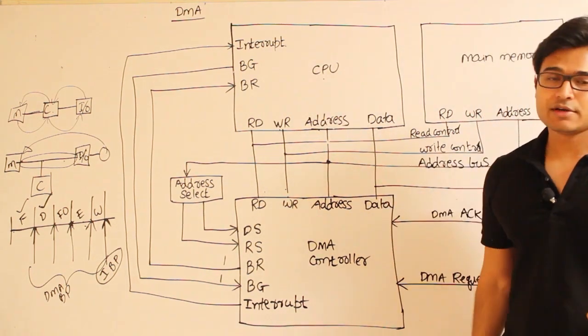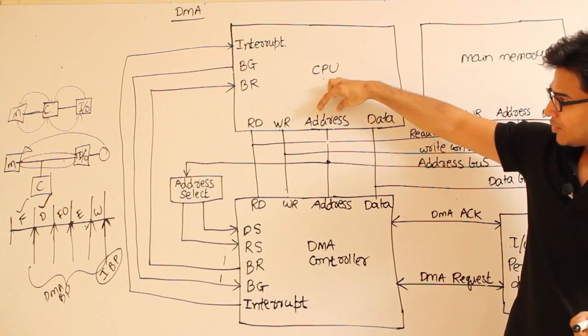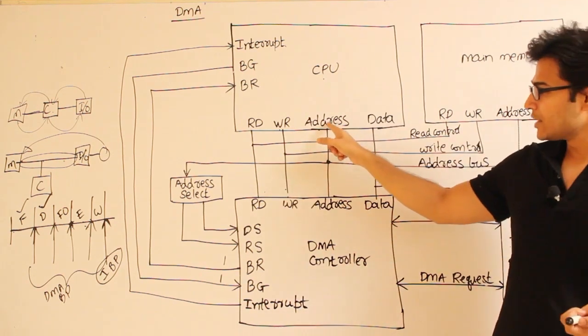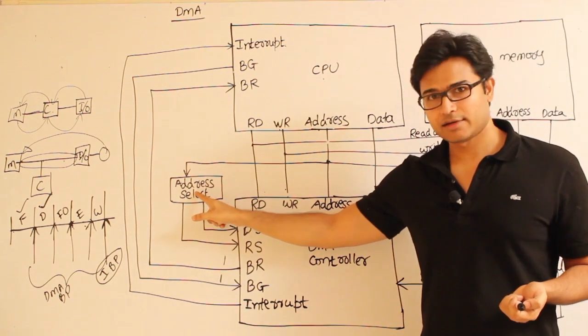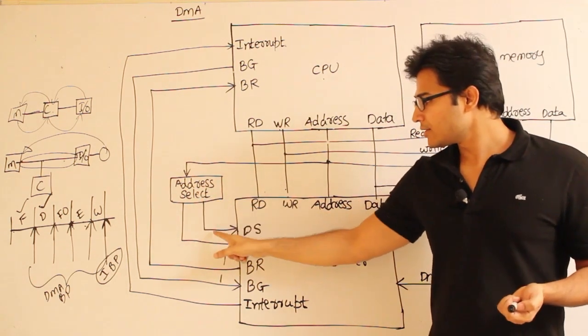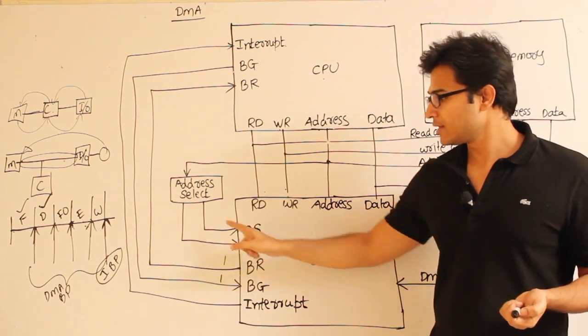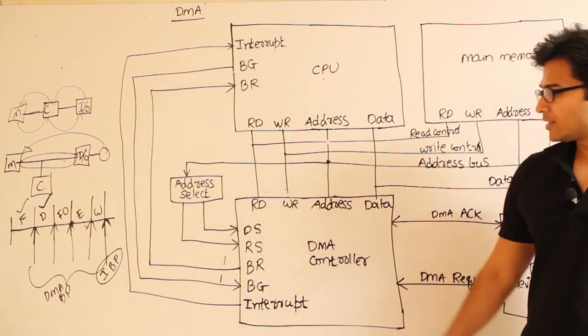Now why will the CPU generate addresses? There are various reasons. One reason is that the CPU is generating the address to select the DMA controller. It will send the address, and that address will be given to the address select, and using the address select, DS means device select, this particular device will be selected, and RS means register select. If you look at this, there are various registers inside.